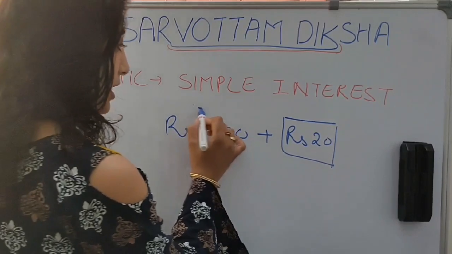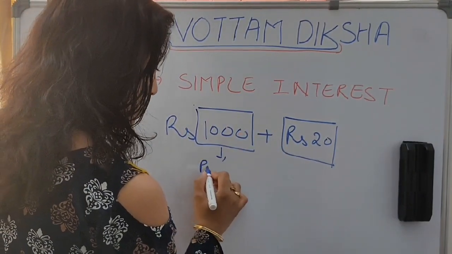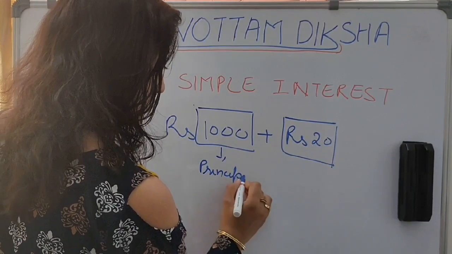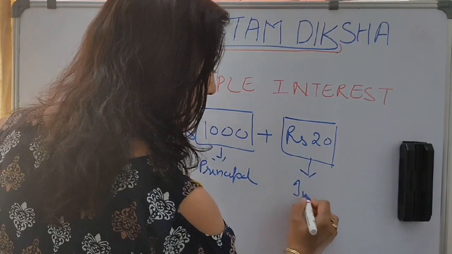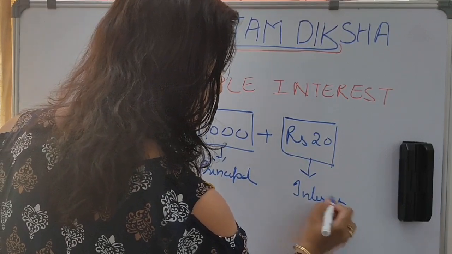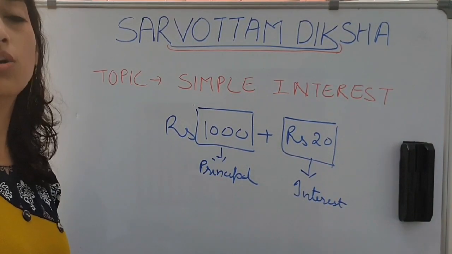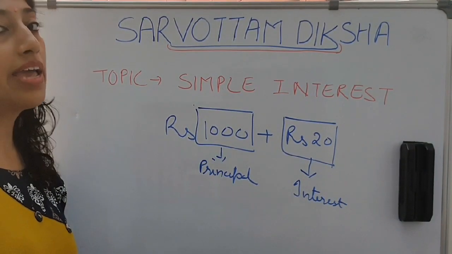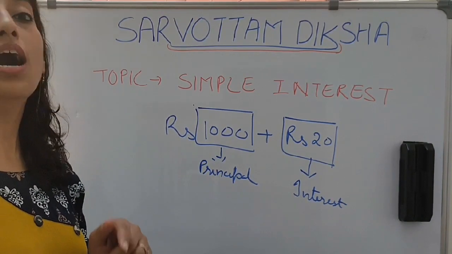The original money which you will return to me is principal. And this extra 20 rupees is interest. It is like if I am living in his house on rent, I have to pay some charge to the owner for using his house.